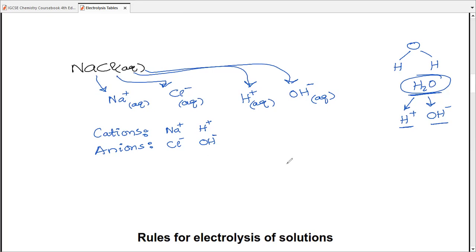I come up with this metaphor to make the students understand that one of them wins, goes to the cathode and gets discharged over there, and one of the anions is able to win the competition, goes towards the anode and gets discharged over there.